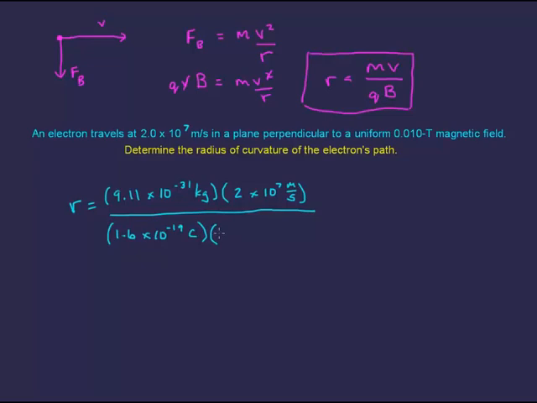The negative is just direction, and we weren't asked to find that in this case. And what else? The B field is 0.010 Tesla. Plugging that into a calculator is going to give you 0.011 meters or 1.1 centimeters. Okay, that's about all you do with these things.